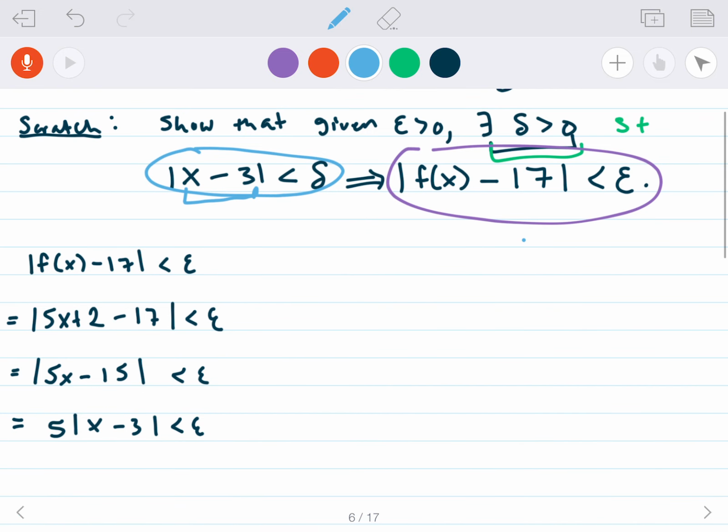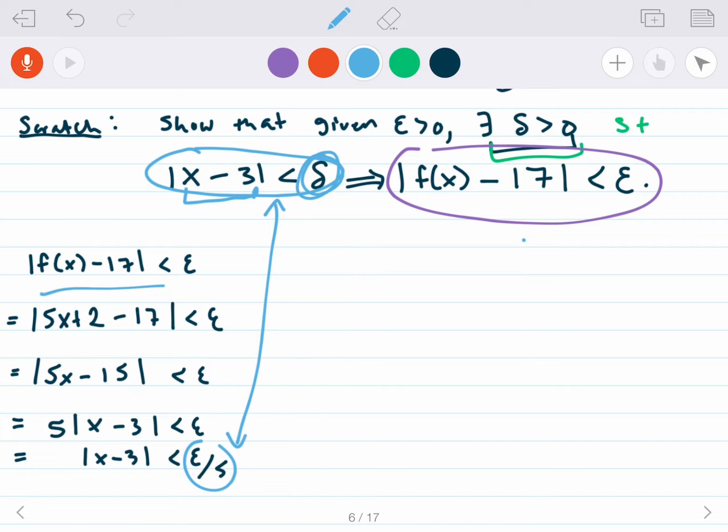I see an |x - 3|, and that's awesome. If I divide both sides by 5, I get |x - 3| < epsilon over 5. Based on what I have here, I should choose my delta to be epsilon over 5, and then everything works out. So that's the idea here.